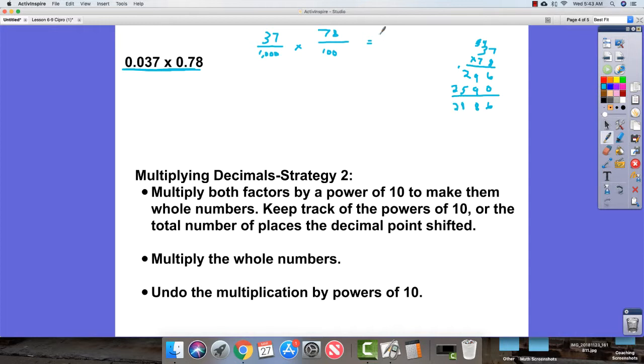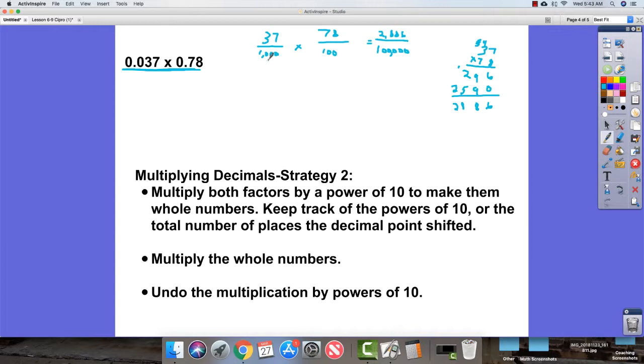So I would get 2,886, and then 1,000 times 100 would be 100,000. So it would be 2,886 100,000ths, okay?